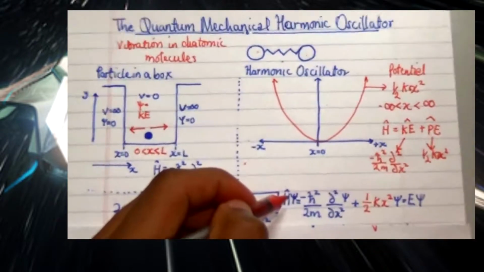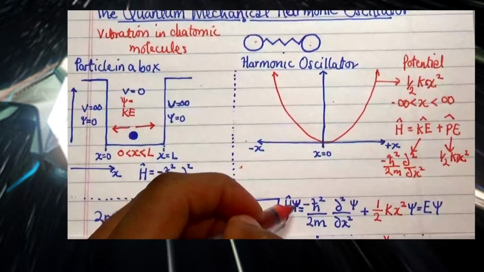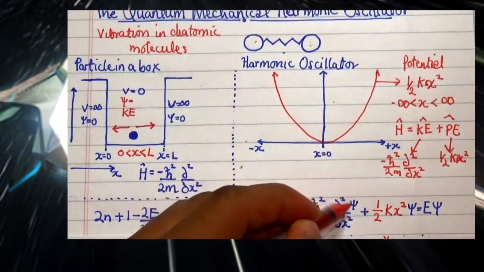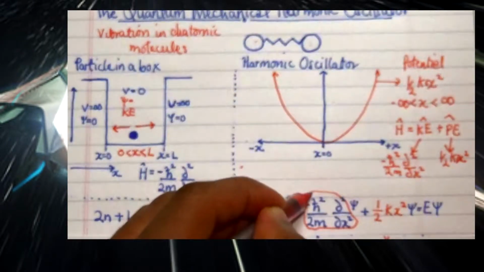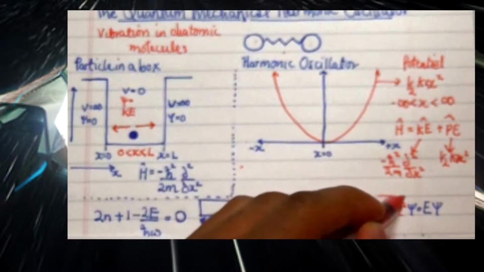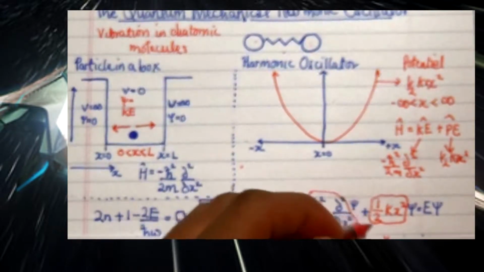The Schrödinger's equation here shows us that the sum of our kinetic energy and our potential energy is equal to E.